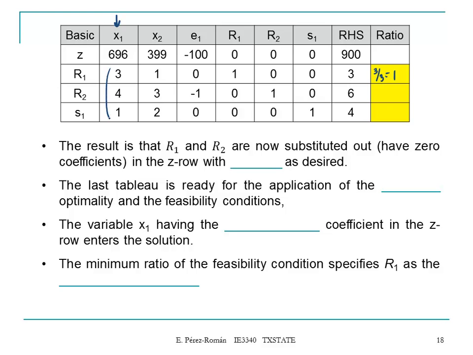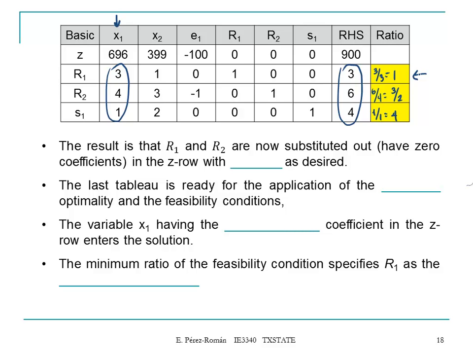So we are looking at this and this. This one will be 6 divided by 4, which is 3/2. And we have 4 divided by 1, so this is 4. So based on this, R1 will leave the solution, and x1 is going to enter the solution.